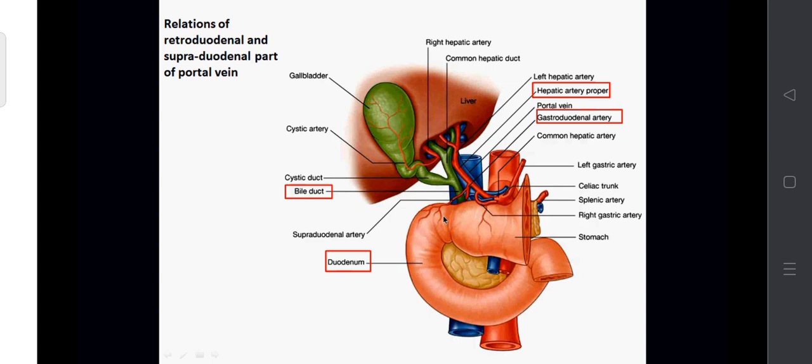Here is the first part of duodenum. Here is the stomach. Posterior to the first part, here we have the portal vein. So the retroduodenal part is anteriorly related to first part of duodenum and these two structures, bile duct on the right side and gastroduodenal artery on the left side, and it is posteriorly related to inferior vena cava.